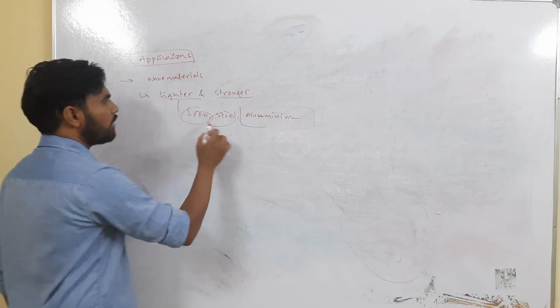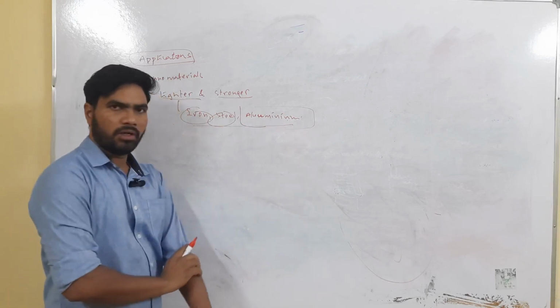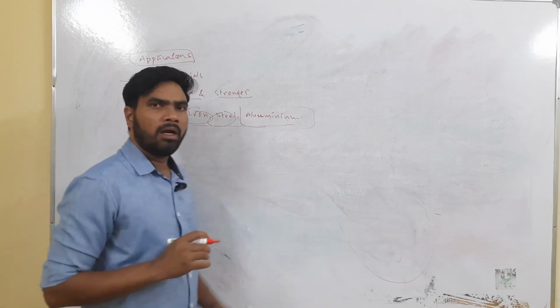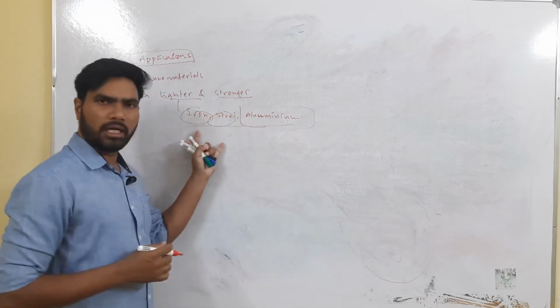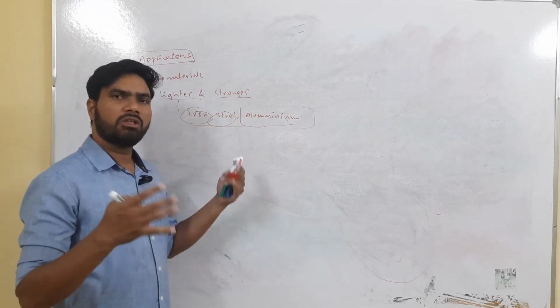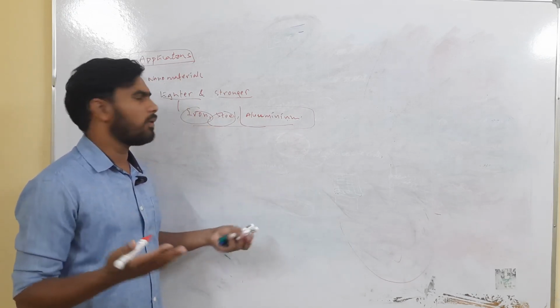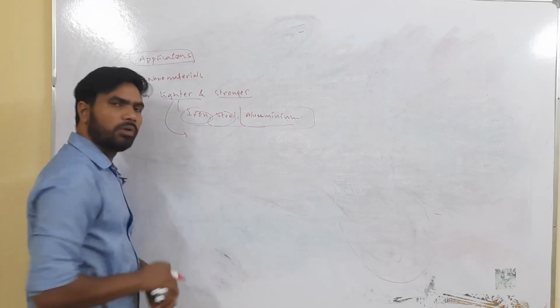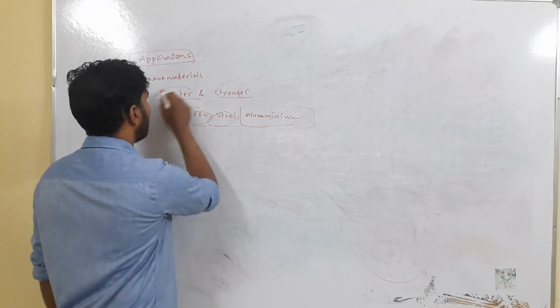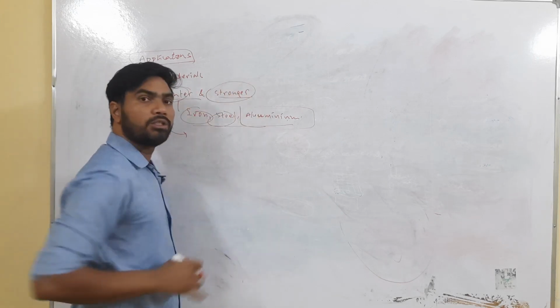Still, working with these materials is very difficult. Why? Because they are heavy in weight, and their strength is not as good as we require. But when we come to nanomaterials, they will be very light, and at the same time much stronger.